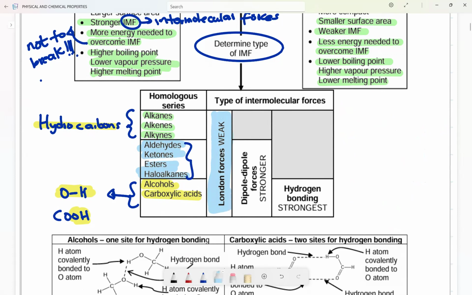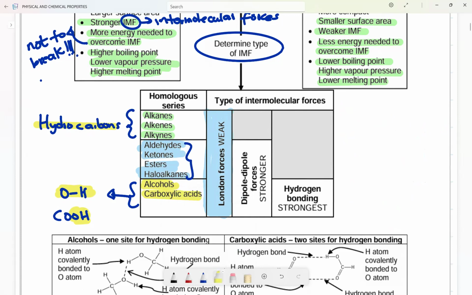But when we compare them, we are going to compare them relative to what makes them the strongest. All the compounds or homologous series have London forces.